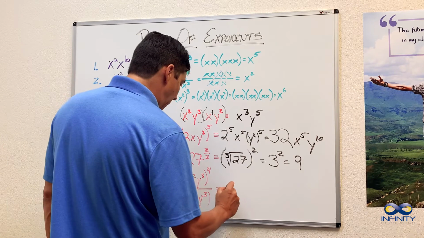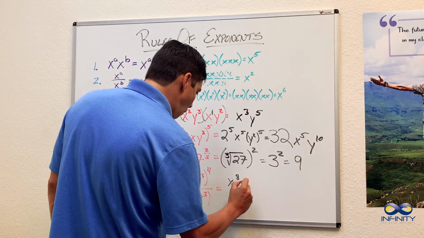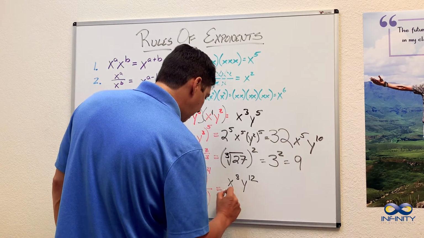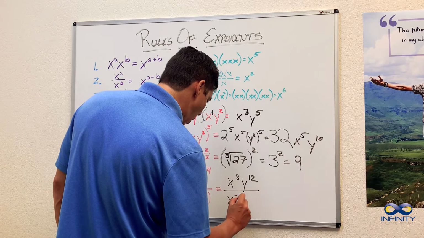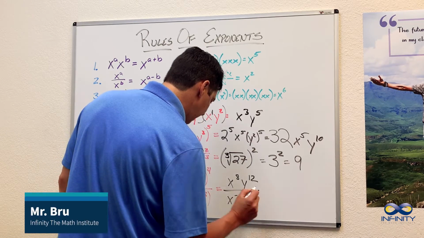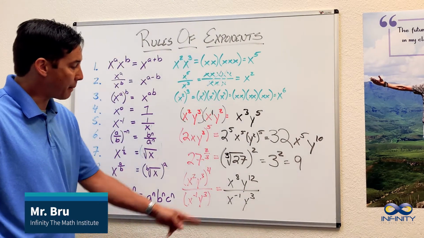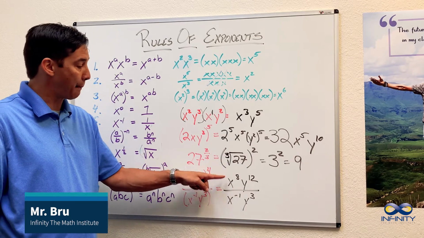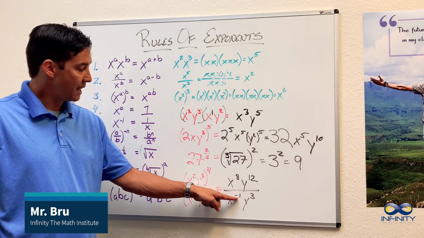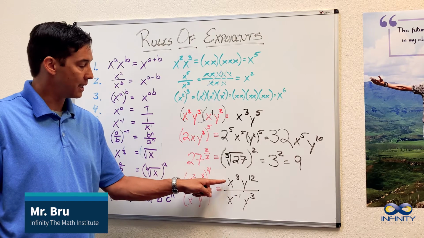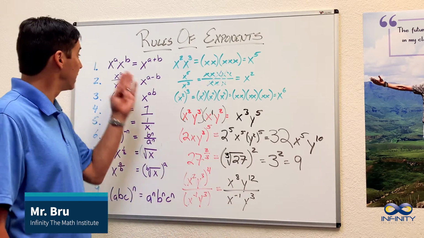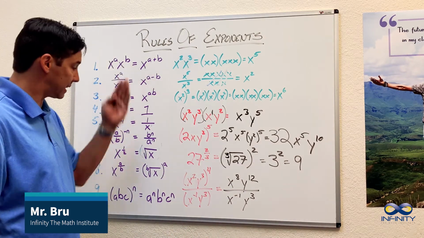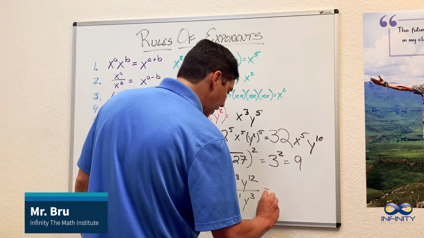So I'm going to end up with x to the 8th, y to the 12th, over x to the -1, y to the 3rd. And then I'm going to bring this x to the top to get rid of that negative. So I'm going to have x to the 1st times x to the 8th, which is x to the 1 plus 8, which is x to the 9th.